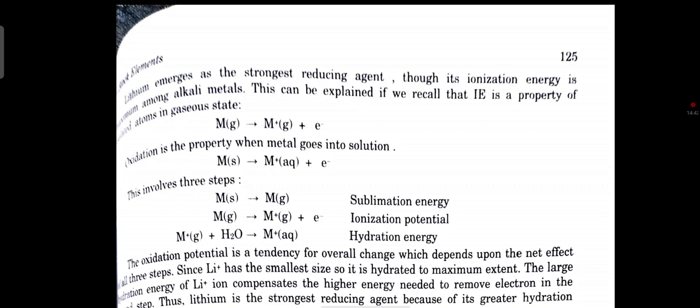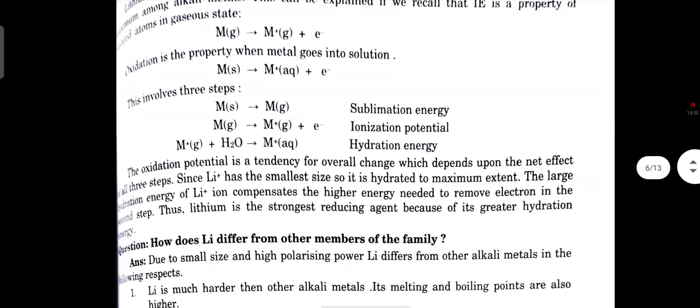This can be explained if we recall the ionization properties of the alkali metals in the gaseous state. Oxidation is a property of the metal going into solution. The oxidation potential is the tendency for overall change, which depends upon the net effect of all three steps.